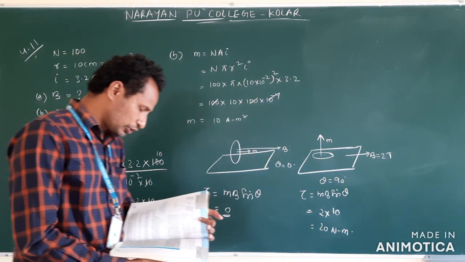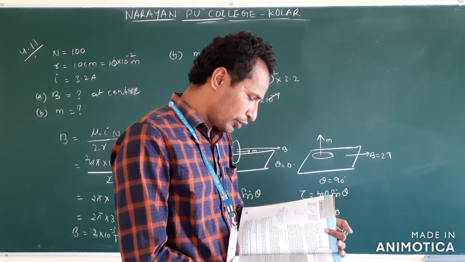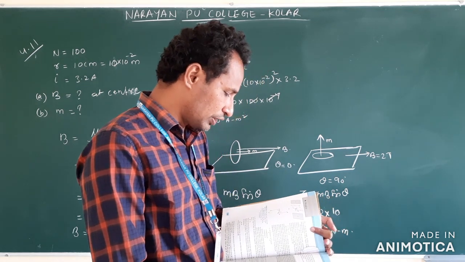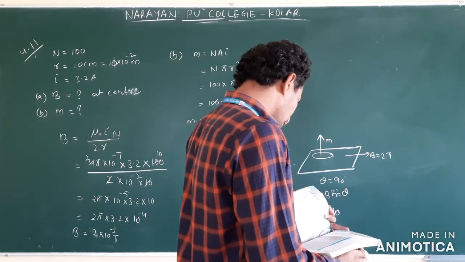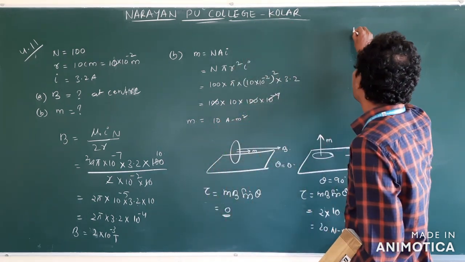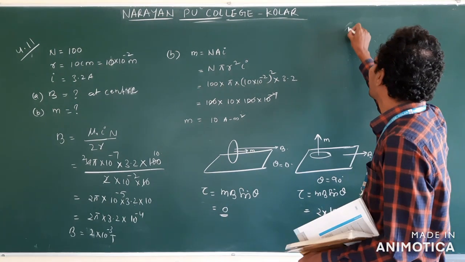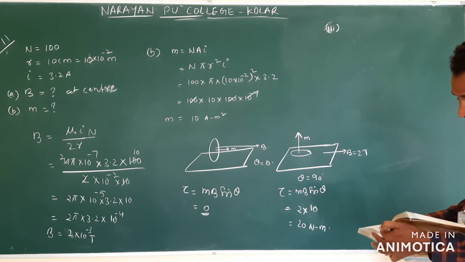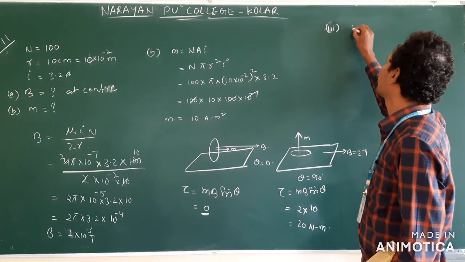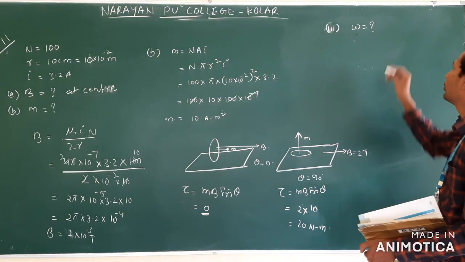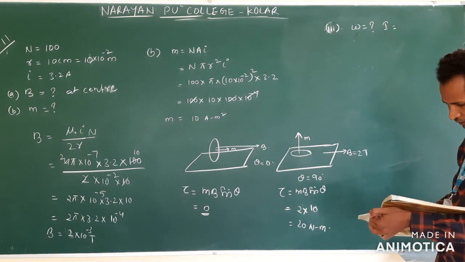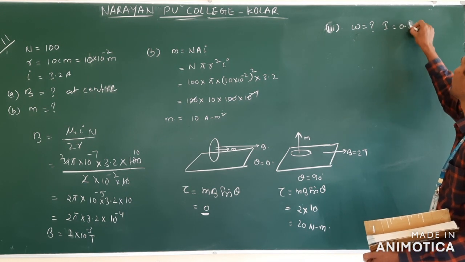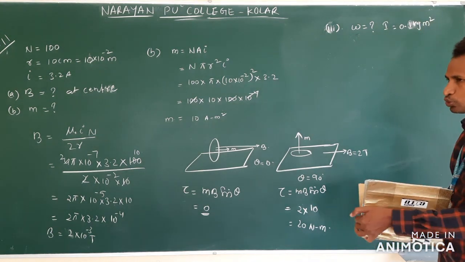Now what did they ask? Third question: what is the angular speed acquired by the coil when it has rotated by 90 degrees? The moment of inertia of the coil is 0.1 kg meter square. Angular speed means omega, and moment of inertia I is given as 0.1 kg meter square.